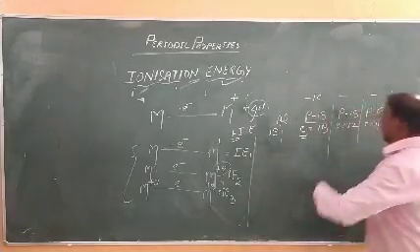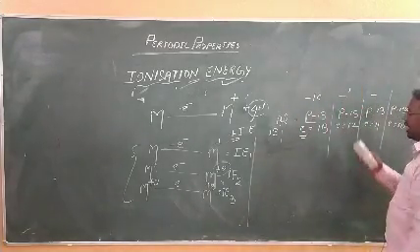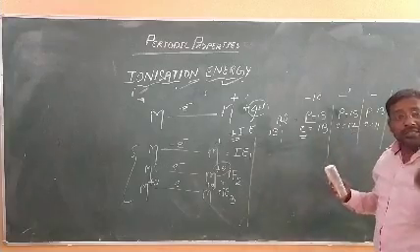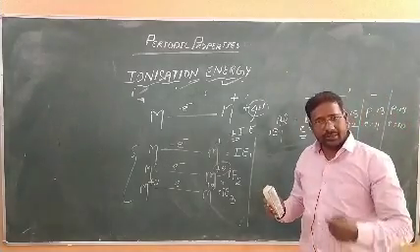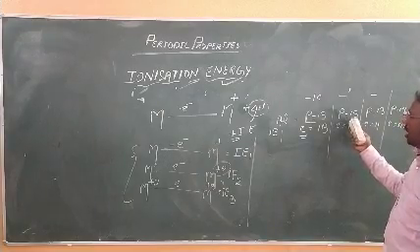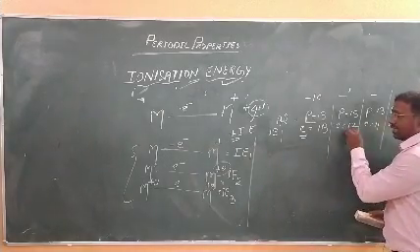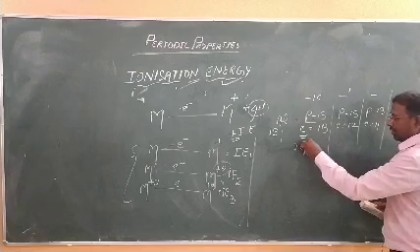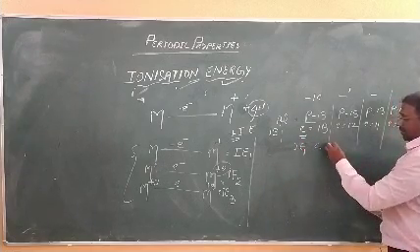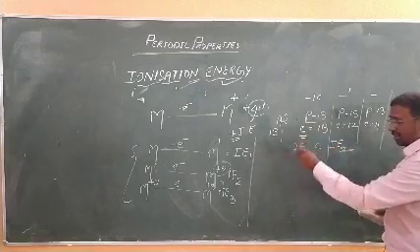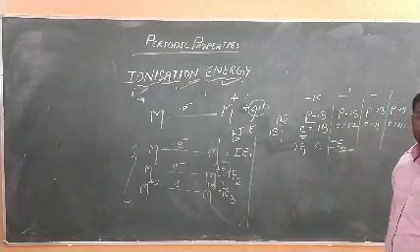But in the second, the positive charge is 13 and negative charge is 12, so we require a little more energy to remove the electron. So ionization energy will increase: the value of E1 is less than E2, and E2 is greater than E1.